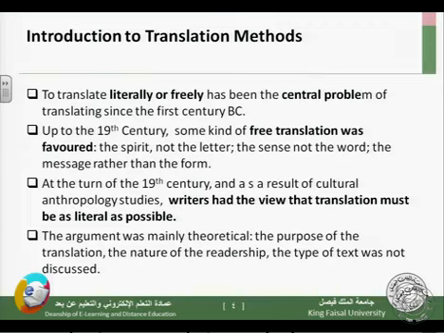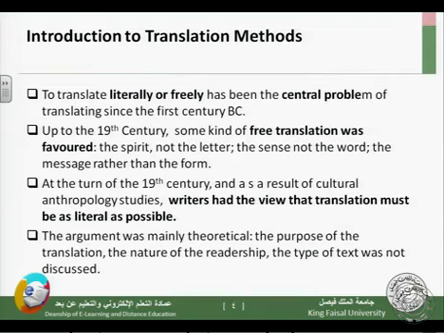To translate literally or freely has been a problem of translating since the 1st century BC. 1st century BC, it means 2000 years. For 2000 years, people are arguing, what shall we do? Shall we translate freely or shall we translate literally? Let's wait until the end of the lecture, and then you decide yourself.